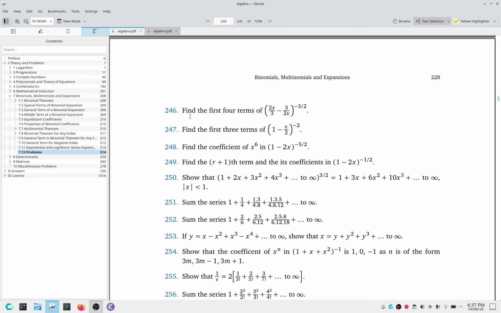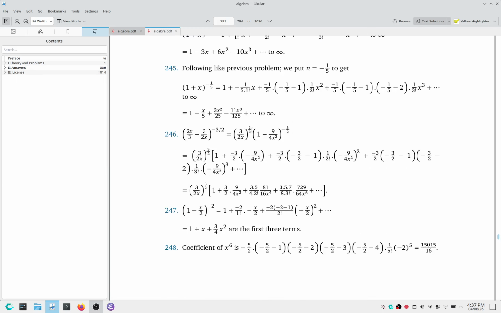Question 246 says that find the first 4 terms of 2x upon 3 minus 3 upon 2x to the power minus 3 by 2. So we rewrite this as 3 upon 2x to the power 3 by 2 times 1 minus 9 upon 4x square to the power minus 3 by 2. This is equal to 3 upon 2x to the power 3 by 2 times: the first term will be 1, and the second term will be minus 3 by 2 times minus 9 upon 4x square.